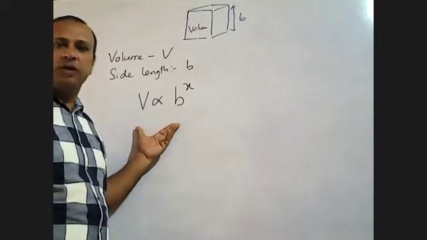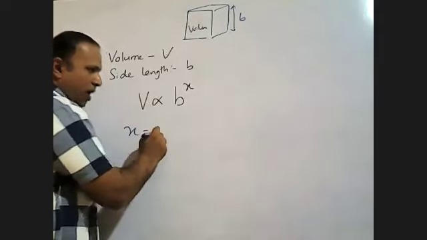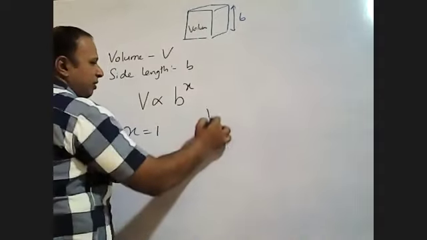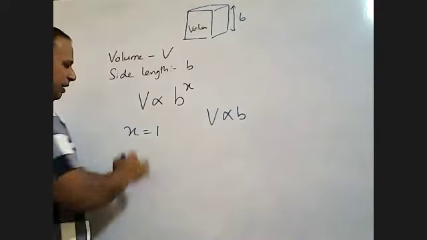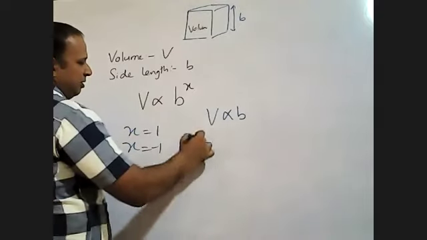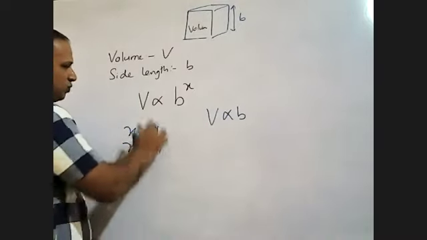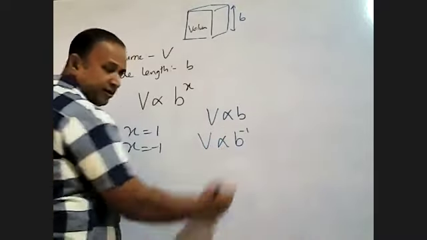This is an assumption because if x is 1, V is directly proportional to B. If x is minus 1, then V is directly proportional to B to the power minus 1.